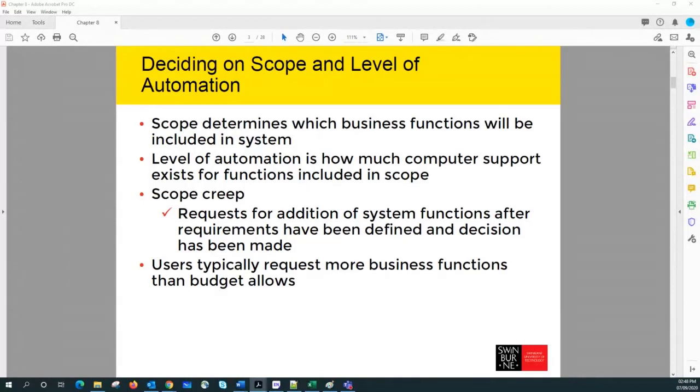So it is very tricky in adaptive types of projects to define the scope, and we need to be very careful about that.